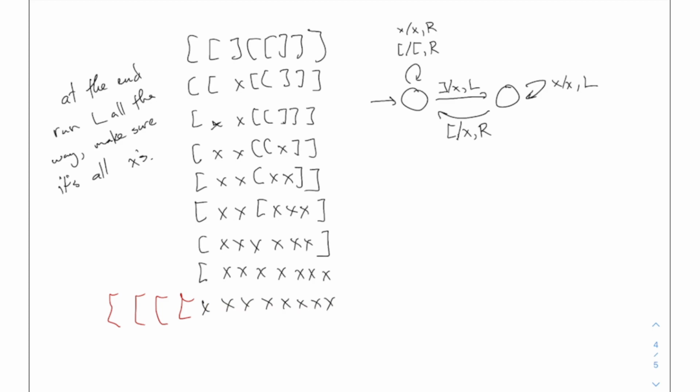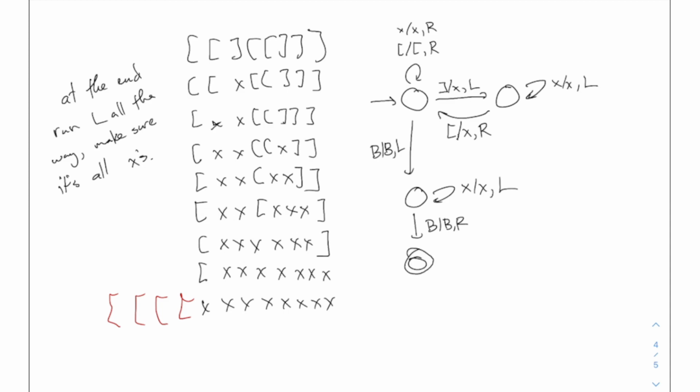So what that looks like is BBL here. If you're in the first state and you read a blank, that means you went to the right through all X's. Now you have to go back to the left and make sure that they're still all X's. So I'm going to put one last little verification here. I'm going to do looping XXL, and if I see a blank after that, then it really is accepted.